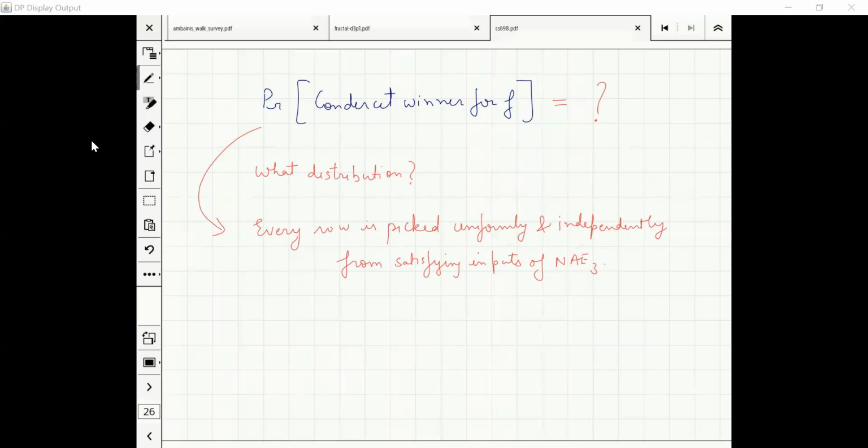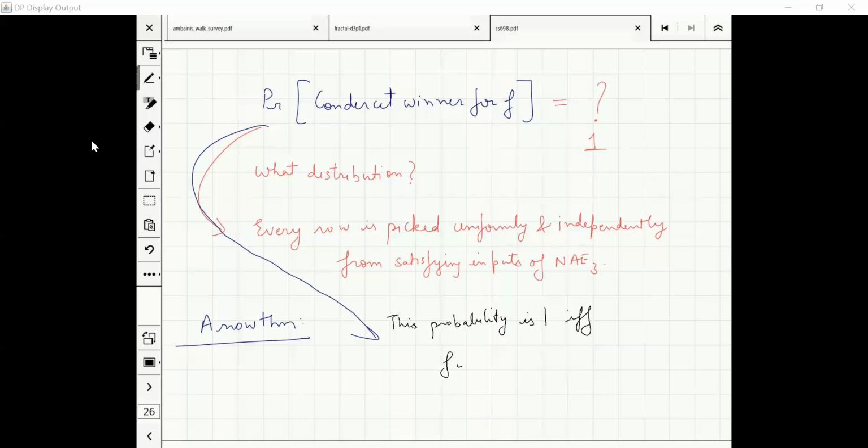So another way to frame Arrow's theorem would be that this probability is 1 if and only if f is a dictator or negation of the dictator, correct?